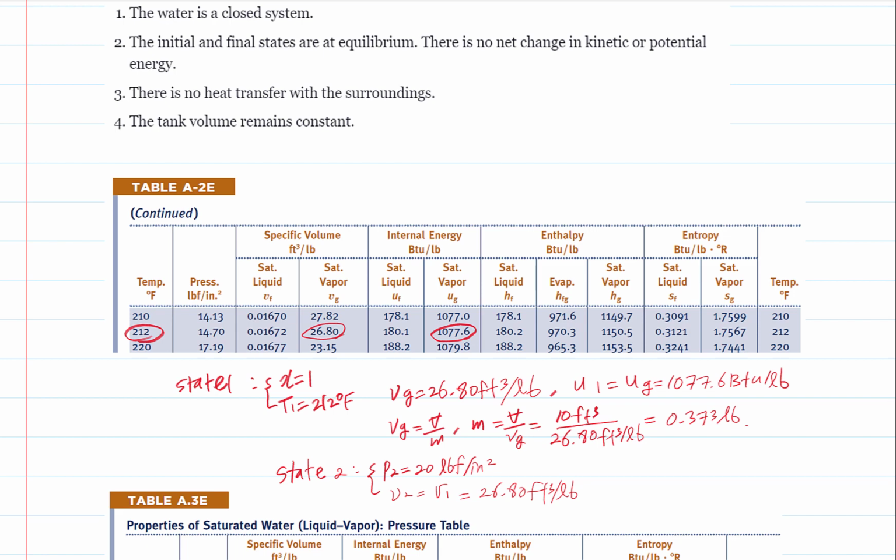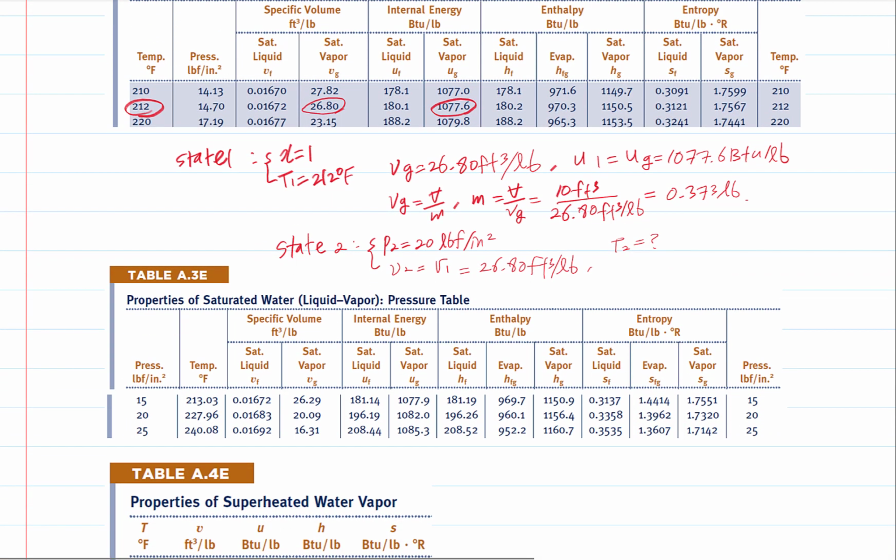We want to determine the temperature at state 2, but we don't know if it is saturated water or superheated vapor. So let's see the saturated water table first. At 20 psi, the specific volumes are between 0.1683 and 20.09.